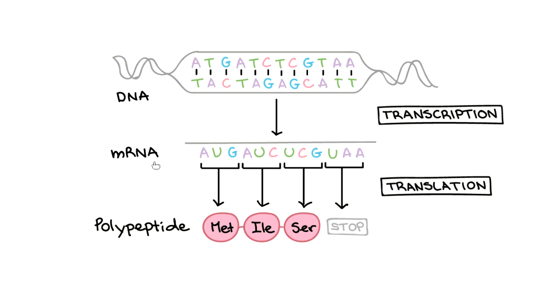The way I do that is I make this copy of mRNA. So the reason we build mRNA in the process of transcription is to get a copy of our directions out of the nucleus. These directions leave the nucleus, they go to a ribosome where I turn them into a protein, into a polypeptide.